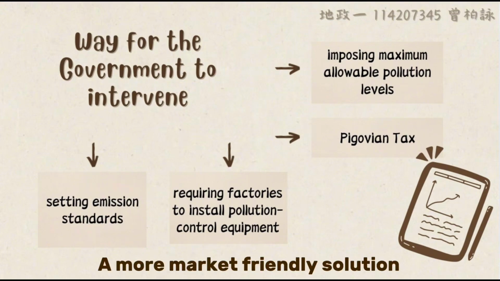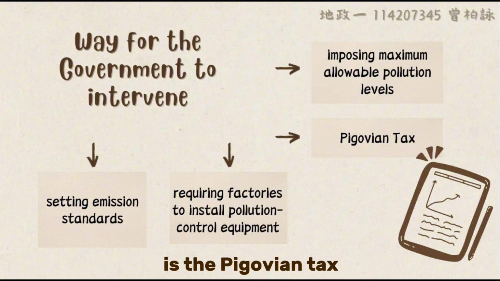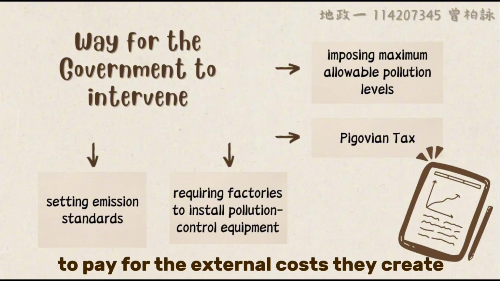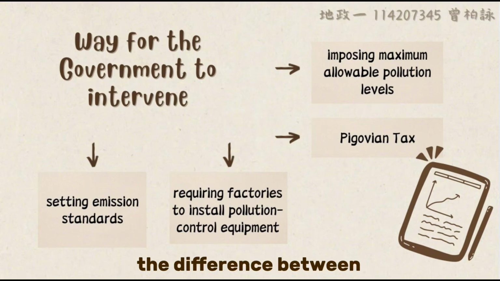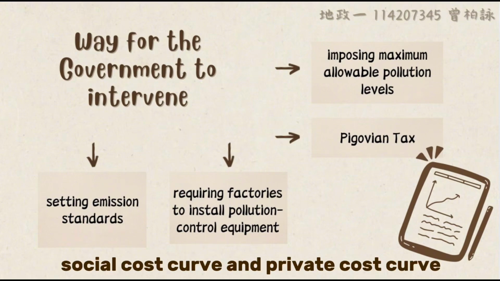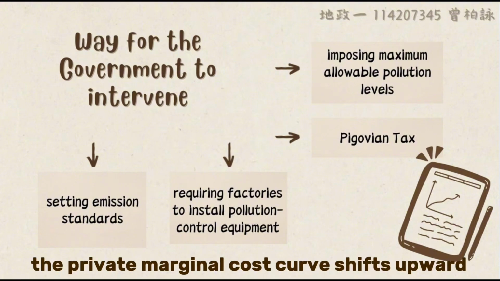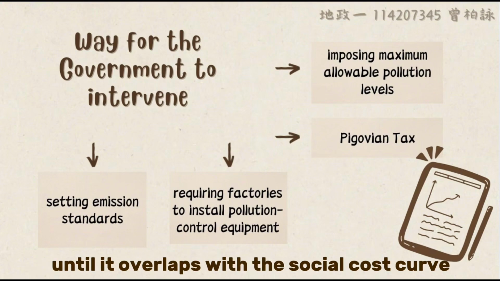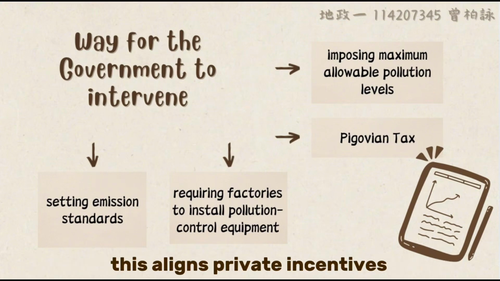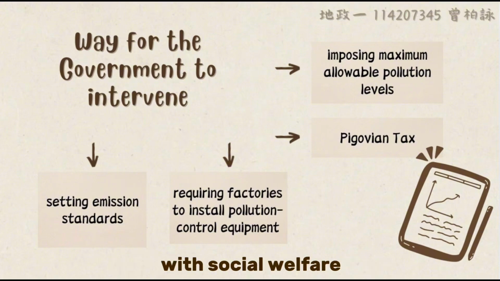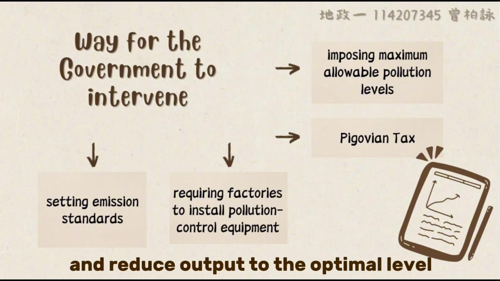A more market-friendly solution is the Pigovian tax. This tax forces producers to pay for the external costs they create. If the tax is set equal to the difference between the social cost curve and private cost curve at the socially optimal quantity, the private marginal cost curve shifts upward until it overlaps with the social cost curve. This aligns private incentive with social welfare and reduces output to the optimal level.